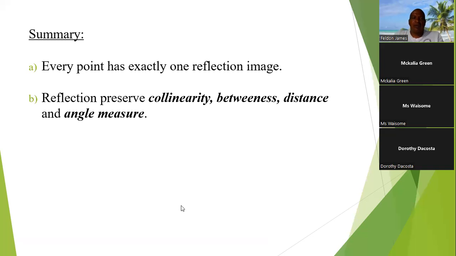All right, so this is a summary of the properties of reflection. Every point has exactly one reflection point, known as the image, and reflection preserves collinearity, betweenness, distance, and angle measure. All right, so these are just a summary of what we just looked at.